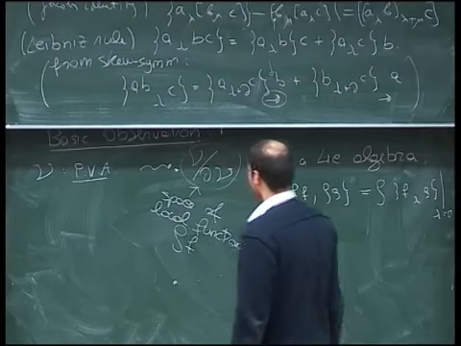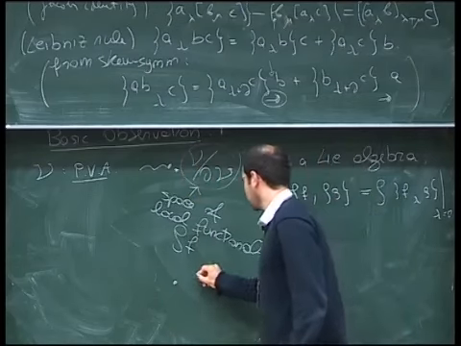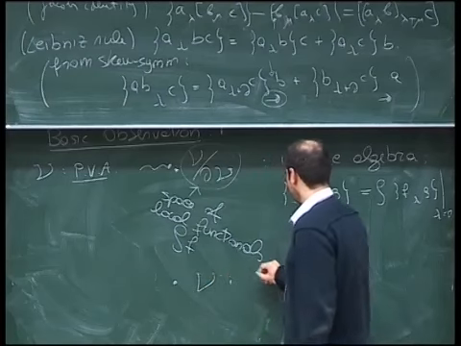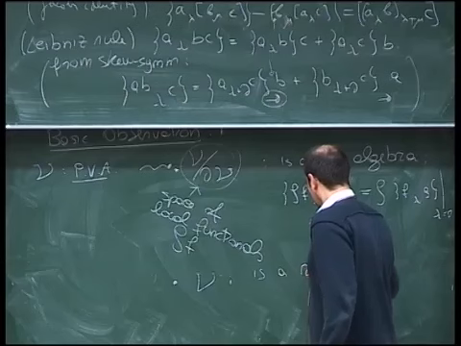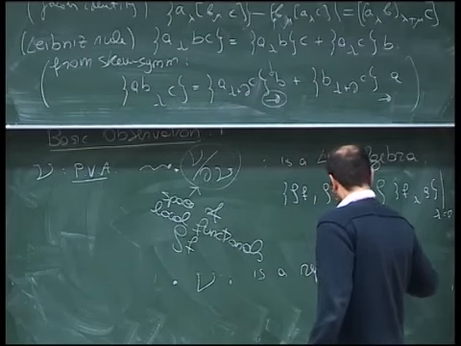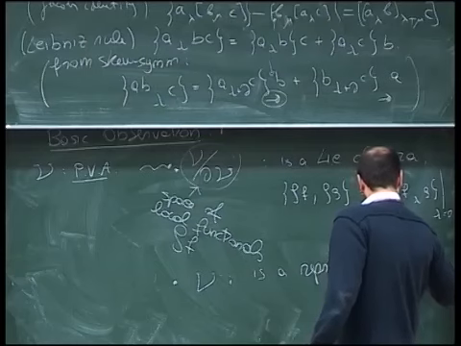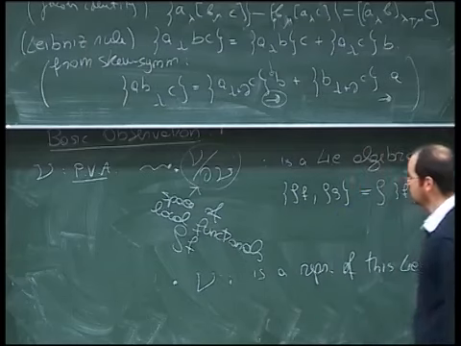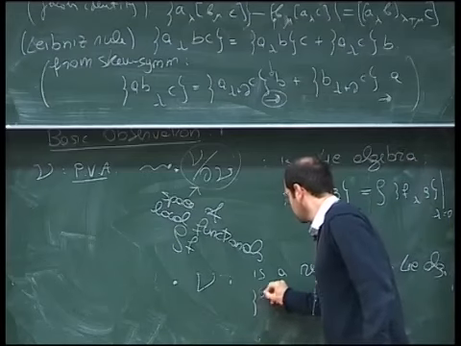The second observation is that V itself is a representation of this Lie algebra with the following action.